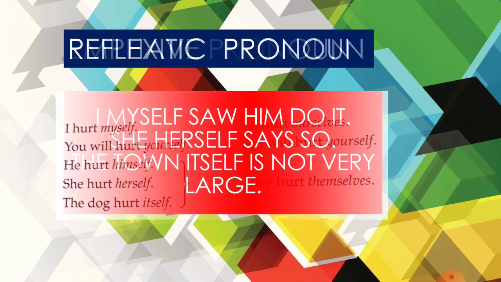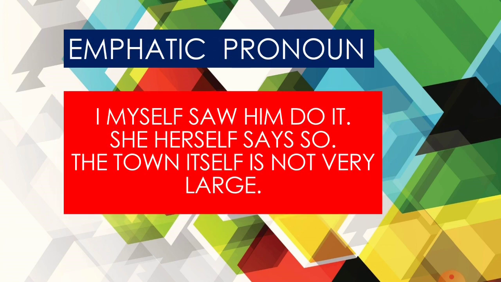Then, emphatic pronoun. Now, emphatic pronoun is used to emphasize, and that is why along with the person, the pronoun also is just against it or just beside it. I, myself. So, I and myself are the same person.